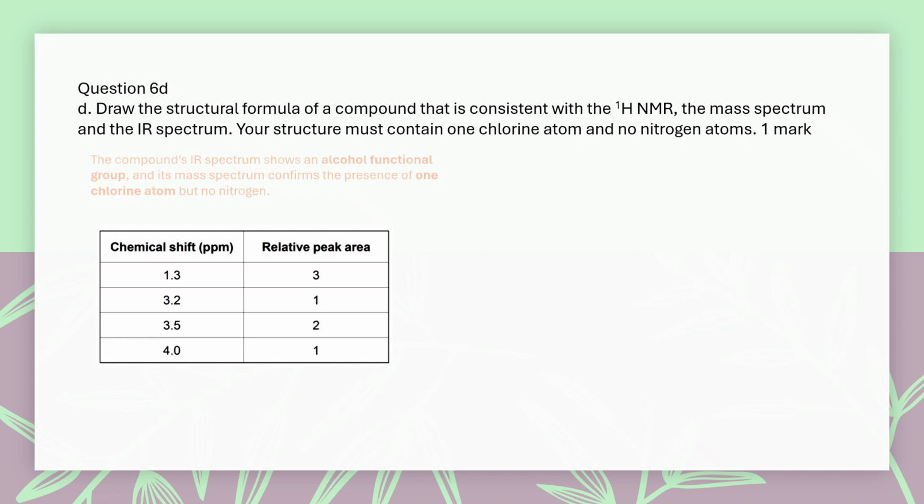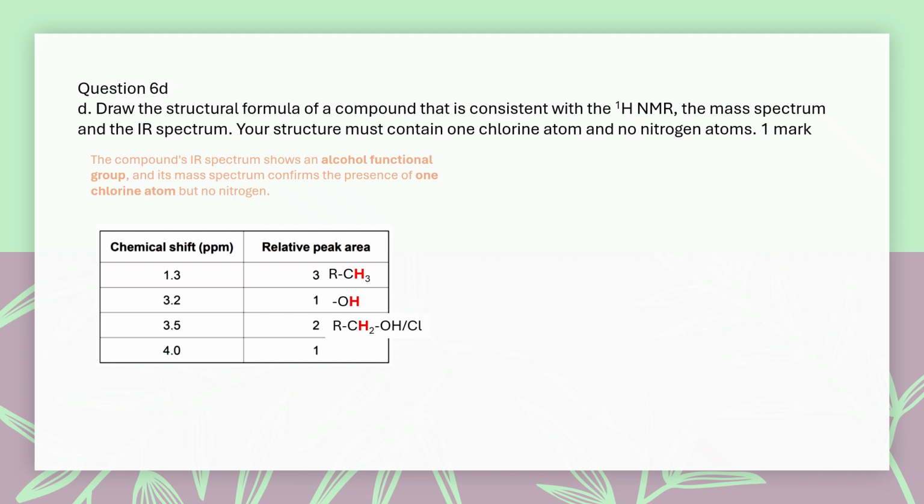The compound's IR spectrum shows an alcohol functional group, and its mass spectrum confirms the presence of 1 chlorine atom, but no nitrogen. In the 1H NMR, the 1.3 ppm peak, relative area 3, strongly suggests a methyl group. The peak at 3.2 ppm, relative area 1, is consistent with a hydroxyl proton.